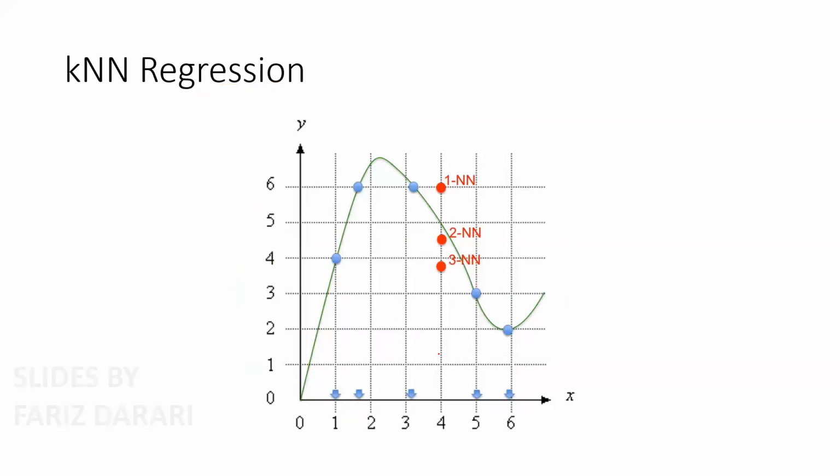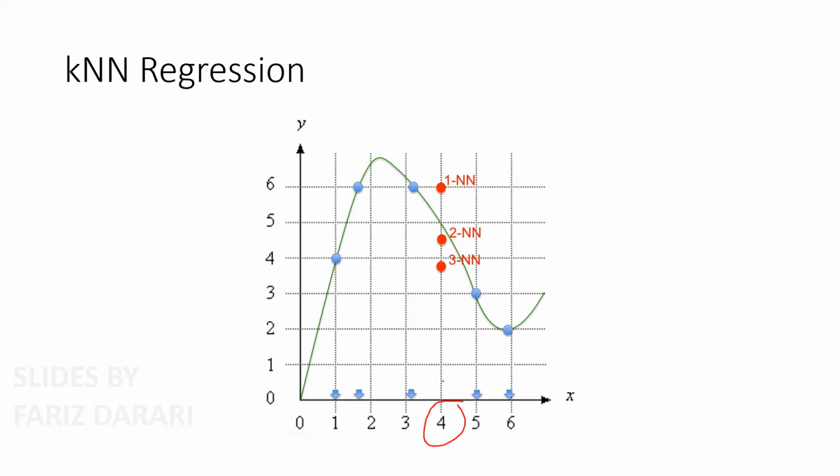Okay, so the question is, if your input feature is 4, what would be the output label? What would be the predicted output, right? Okay. That's the question. So can you guess what the answer would be?